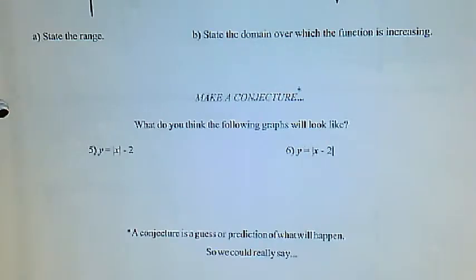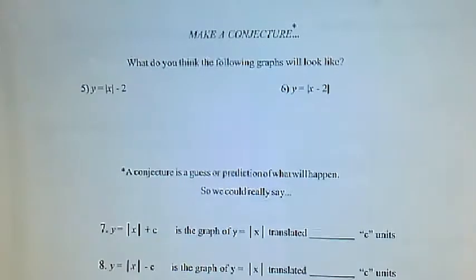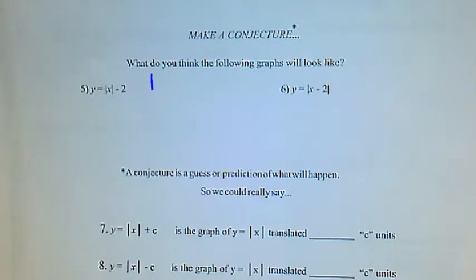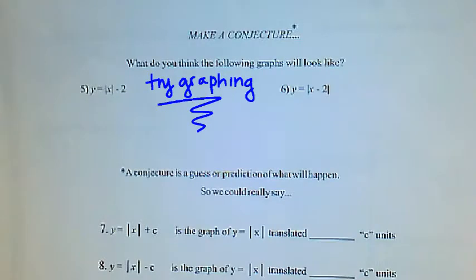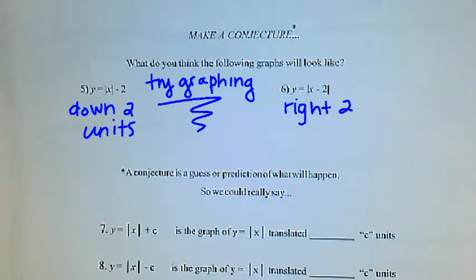All right, so now we're going to make some conjectures. What you can do is you can try these in your graph, or try graphing these. I'm going to let you know, this would go down 2 units, and -2 would actually go right 2 units.